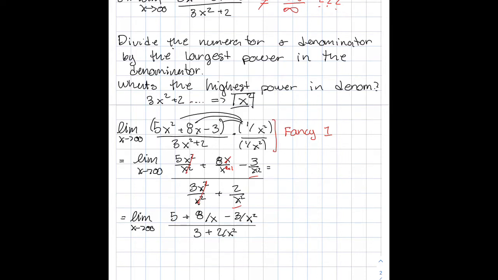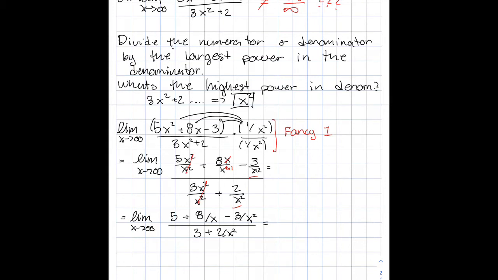All right, now this is the same limit as we started with, right? All we did is multiply by a fancy 1 and simplify. So now I can plug in.